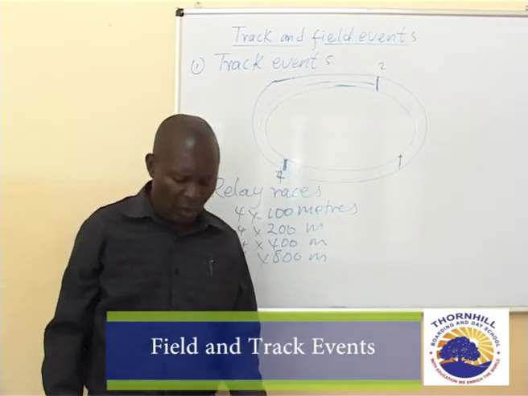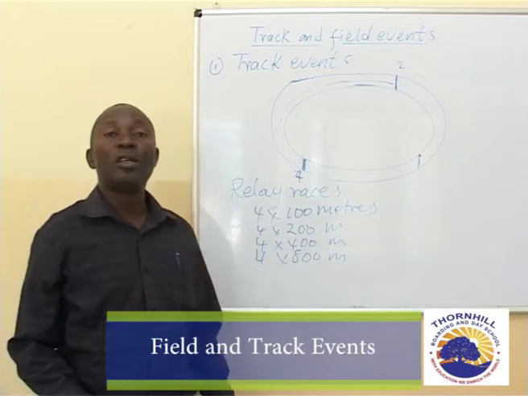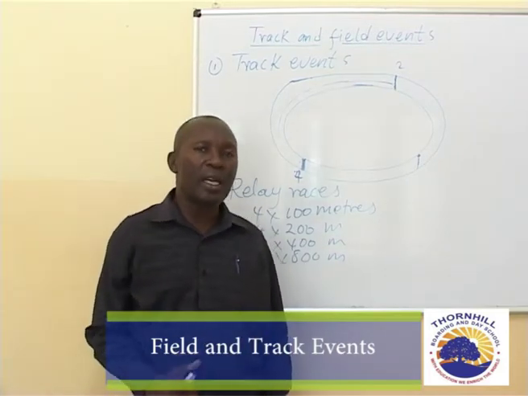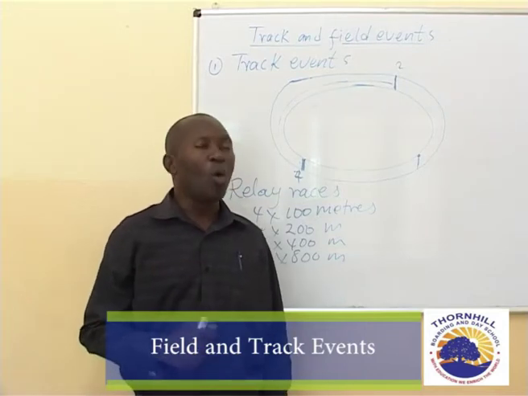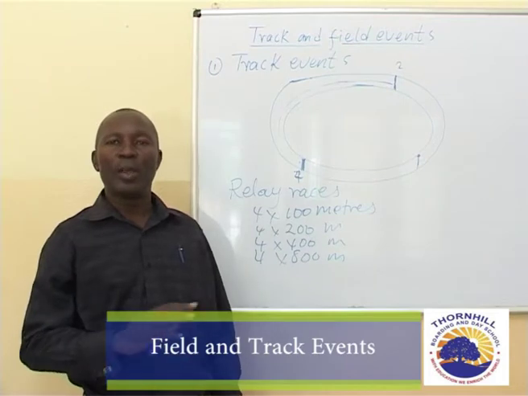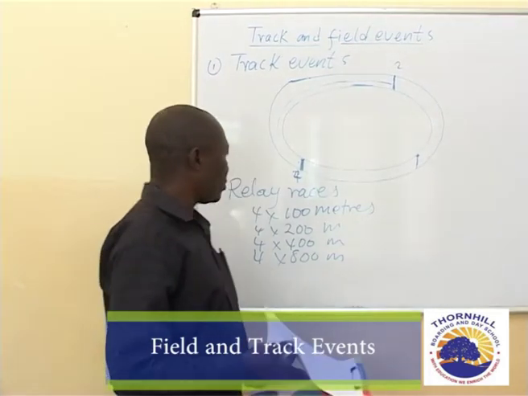So the baton handover is very important. And if the baton falls down, it means that the runner can pick it up, or they can be disqualified, depending on what happened at that position.